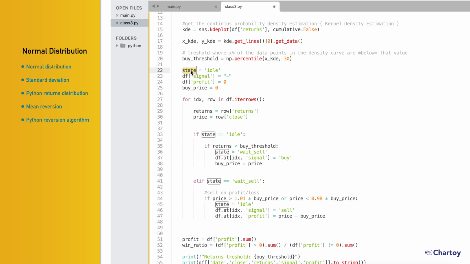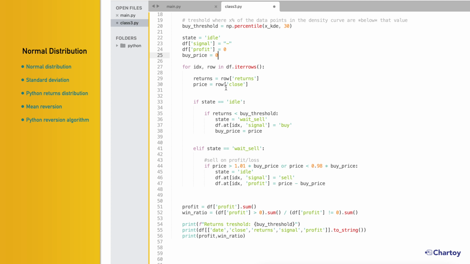So we define the state because we have a state machine. It's just a string to define what state we are in the program. Then we define a new column called signal, which will be used to mark buy or sell signals. Next, we define a column called profit, where we calculate the profit, and buy price is just a variable to hold the current buy price.